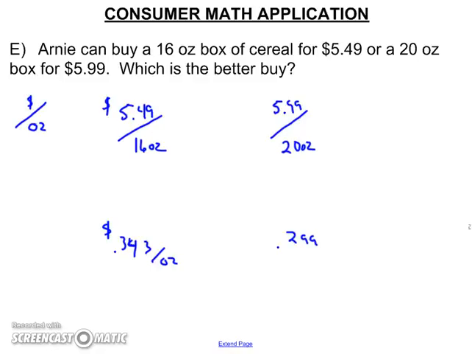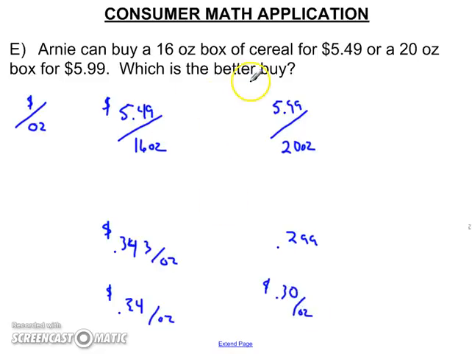So let me go ahead and rewrite this then. So we'll go 34 cents an ounce over here. We will go 30 cents. Again, if I round this to the nearest penny, that's 30 cents per ounce over here.